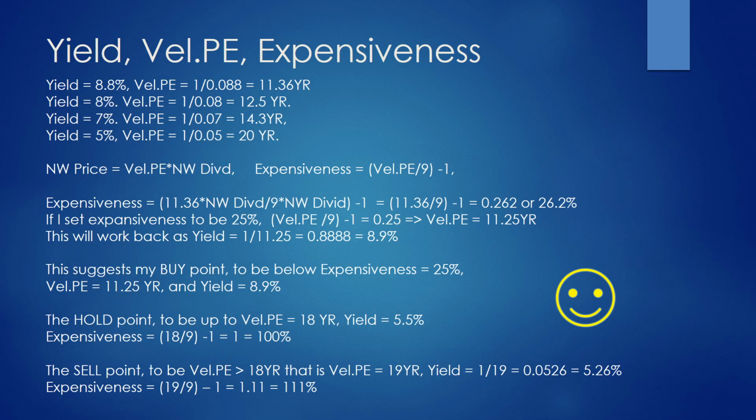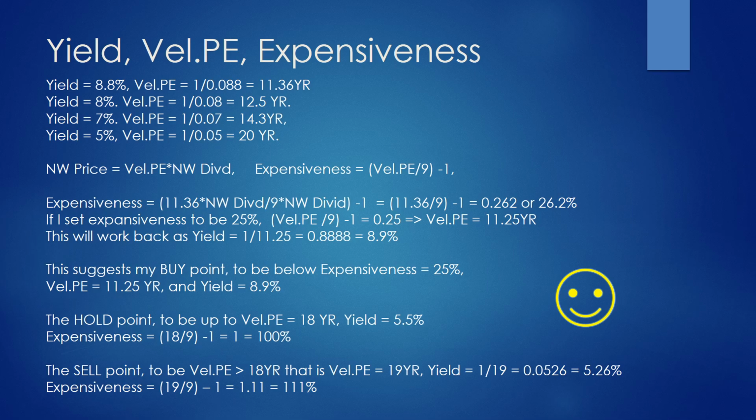Expensiveness equal to 11.36 NW dividend divided by 9 times NW dividend minus 1, equal to 11.36 divided by 9 minus 1, equal to 0.262 or 26.2%.